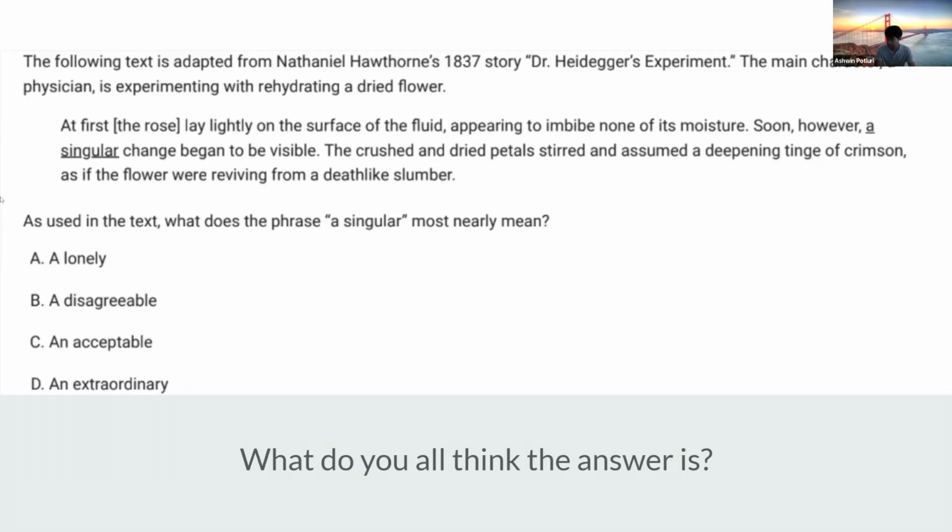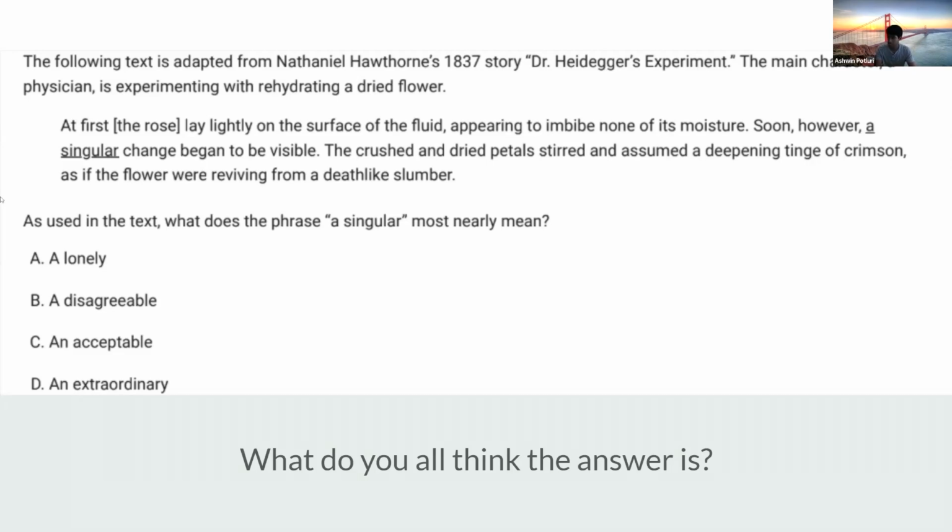But remember, singular means a single thing, just very single, so nothing else around it. And if we look at A, lonely, that makes some sense as well, right? Because singular most nearly means lonely in this case, because they're only describing one thing, and it's sudden.